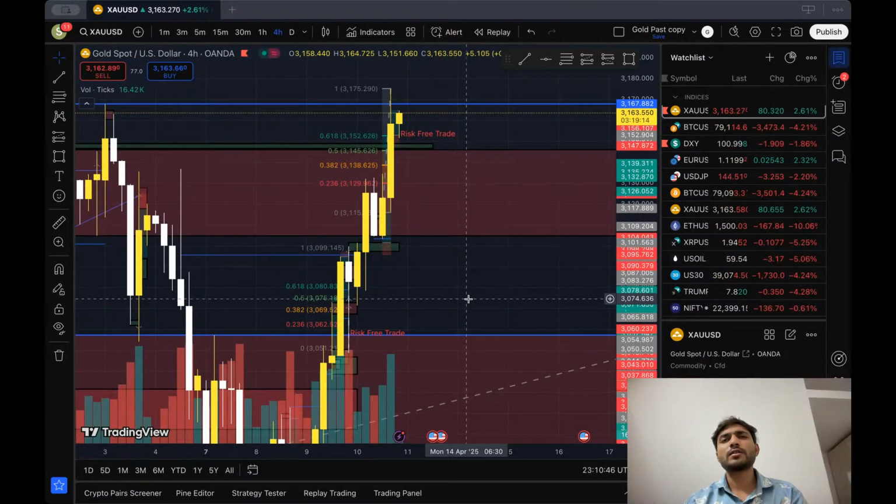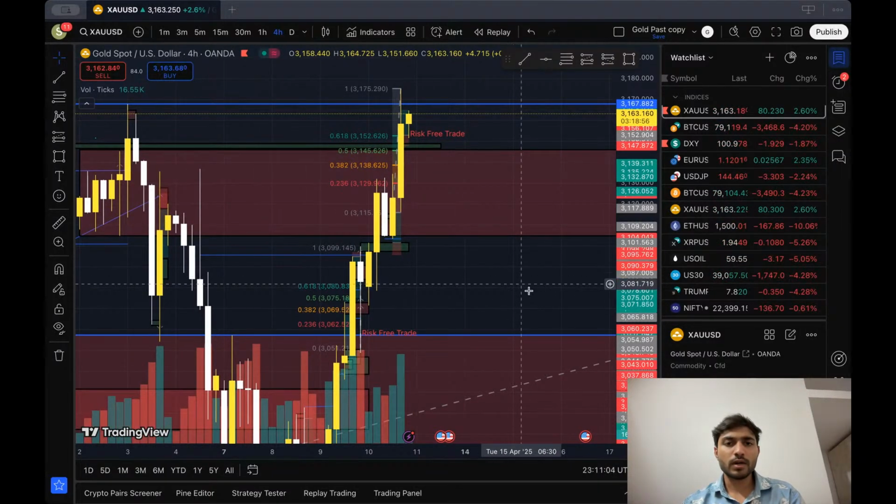Today I'm up. In the morning we did a 150 pips selling trade, which I'll show you. And in the evening we did a 110 pips trade, and one now we're doing a 120 pips trade around that.